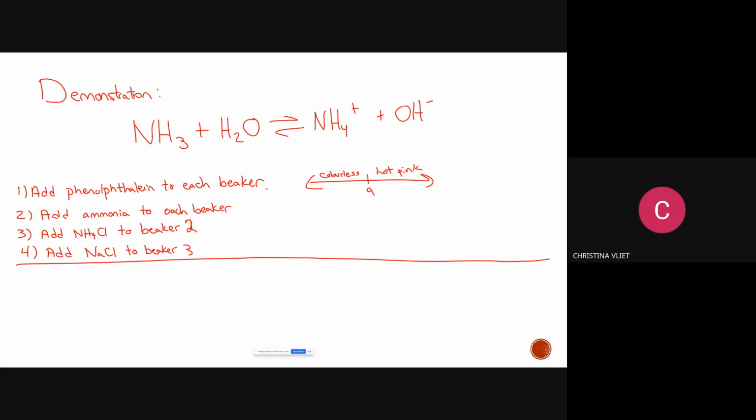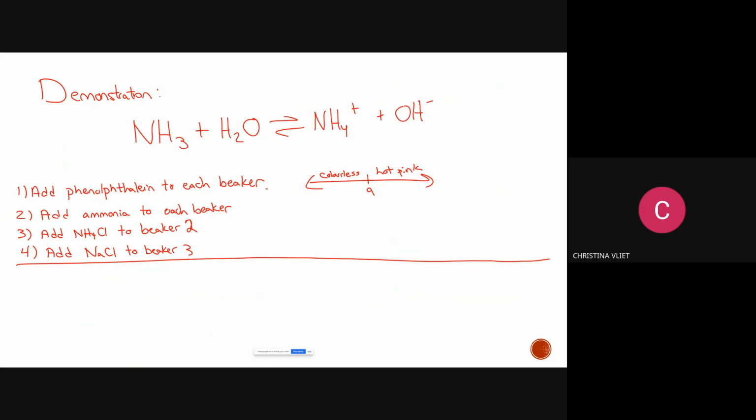And then what's the next thing I need to add? It says ammonia. So I prepared some 3 molar ammonia, and I add that to each of these. Get me some hot pink going on. What does this tell me about ammonia? I originally just had water in here, and then I added ammonia, which means basic.